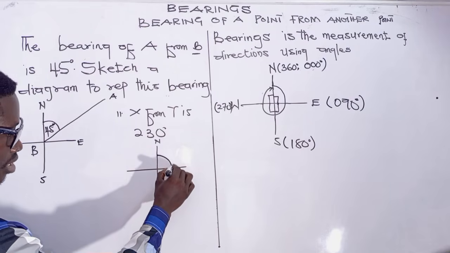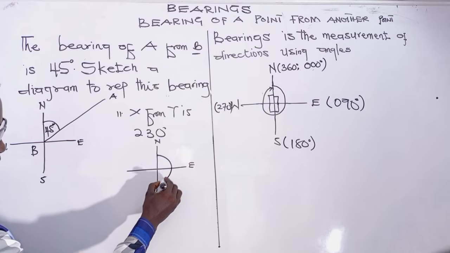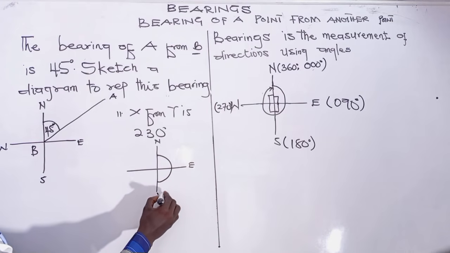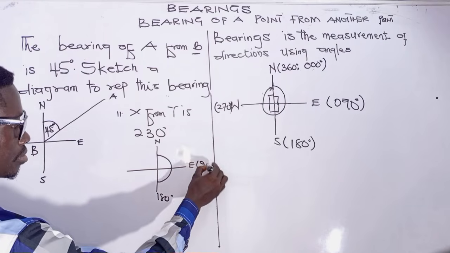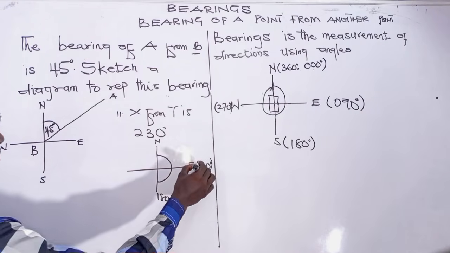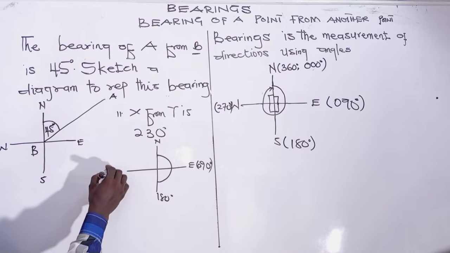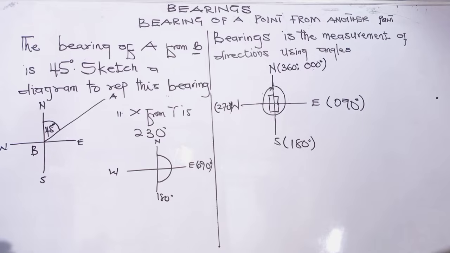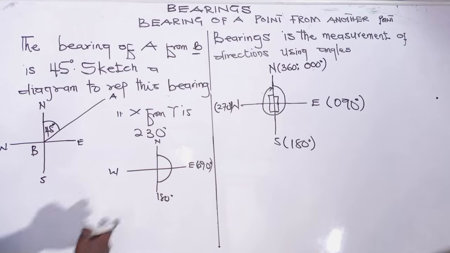So from the north to the east, we have 90 degrees. North to the south, we have 180 degrees. And then from the north to the west, we are having 270 degrees. Now 230 will lie between 270 and then what? 180.